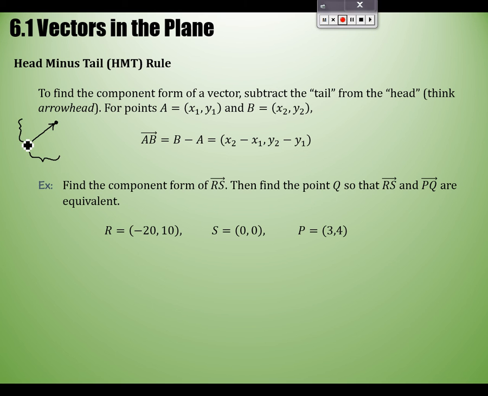And furthermore, I didn't actually tell you that the coordinate system looks like this. But does that matter? It doesn't, right? Still, the coordinates of this point minus the coordinates of this point. Head, as in arrowhead, minus tail. Okay? Regardless of where the points are located, that's how you'll do it. It's just the offset in both directions, the net change in x and the net change in y.